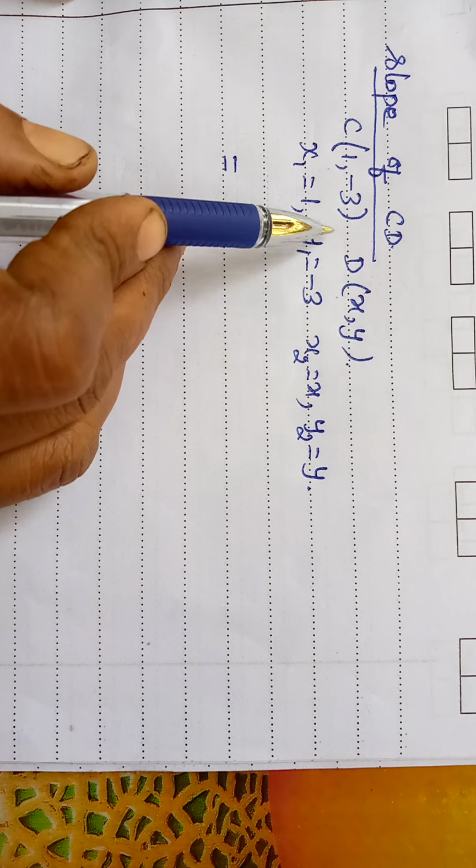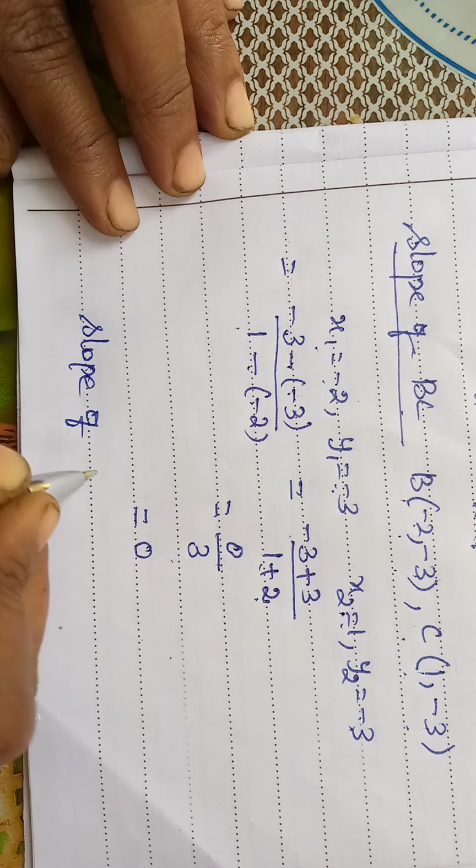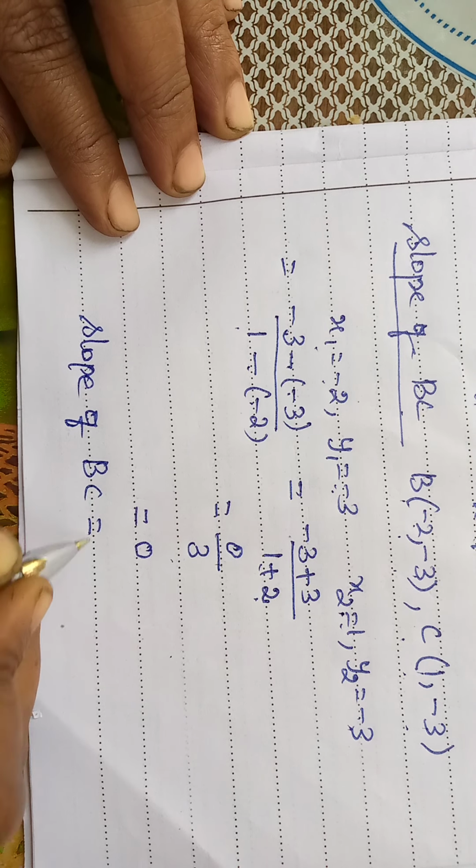Minus into minus is plus. So -3 plus 3 divided by 1 plus 2, which is 0 by 3, and 0 by any value is 0. Therefore slope of BC is equal to 0.